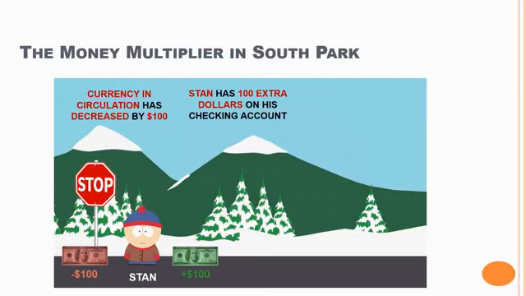The cash in circulation decreases by $100, but the amount of demand deposits, which is also part of the money supply, increases by $100. So the money supply remains constant. And you know that because it's only when banks make loans, additional loans, that the money supply is going to increase.